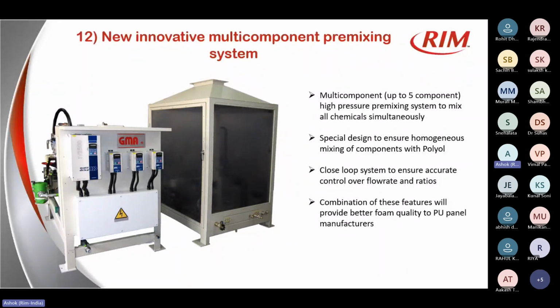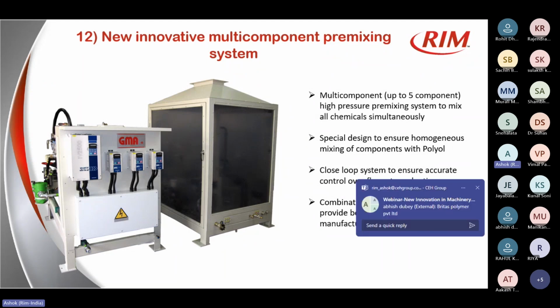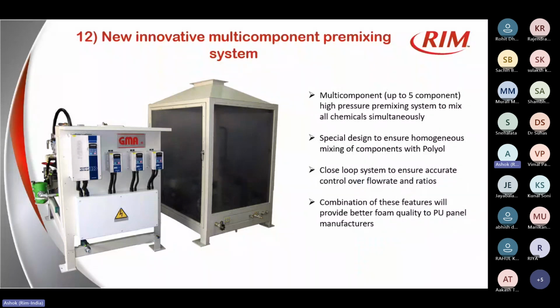N-pentane and polyol miscibility is very poor, so the special design helps to mix the N-pentane with the polyol very homogeneously, with simultaneous mixing of N-pentane, polyol, and catalyst. Of course, after the premixing, this is the first stage. Then the chemical goes through the high pressure heat exchanger, where there are also some internal static mixers available.